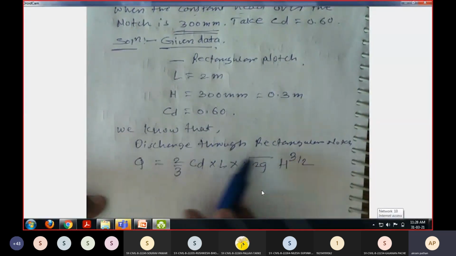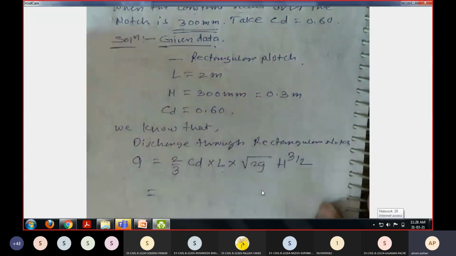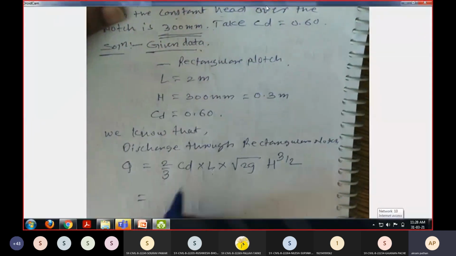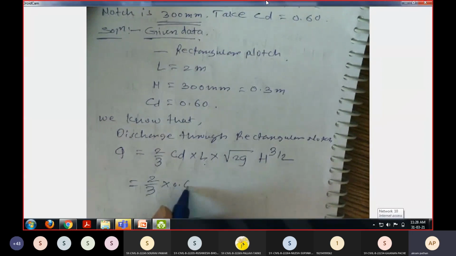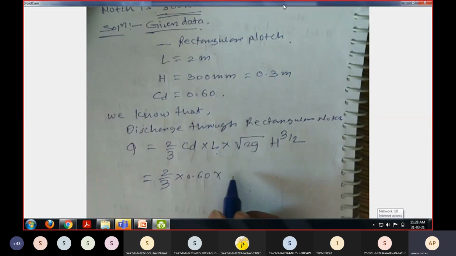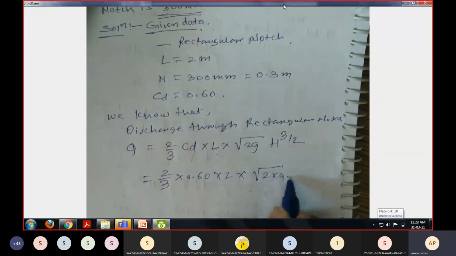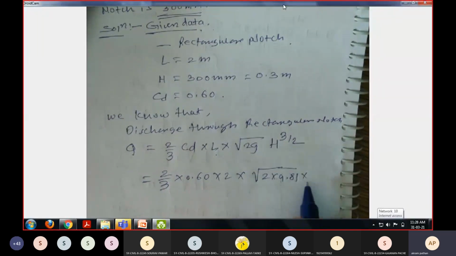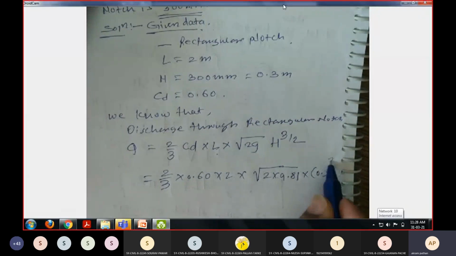We know the discharge through the rectangular notch or weir is 2/3 CD L root 2G h raised to 3/2. So simply we have to substitute the values. 2/3 into 0.60, length is given as 2 meter, into root 2 into 9.81, into h is 0.3 raised to 3/2.